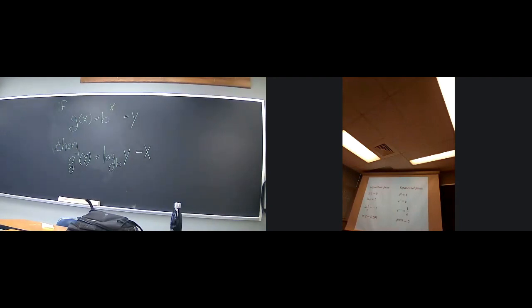Having said that, just some observations worth noting. The ln of 1 is going to be equal to 0 because e raised to the 0 is equal to 1. The ln of e is going to be 1 because e raised to the 1 is going to be e. The ln of 1 over e is negative 1. e to the negative 1 is 1 over e, so forth and so on.